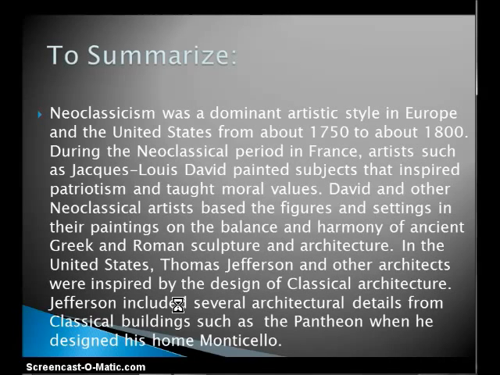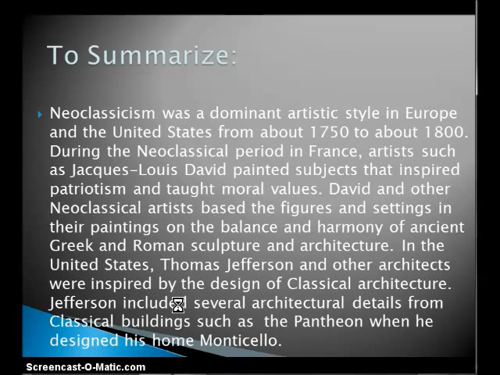During this time, artists like Jacques-Louis David painted subjects that inspired patriotism and taught moral values. So we see this continuation of having the classicists, or those that look to the past, and even some of the naturalists wanting to teach these moral values through their artworks.